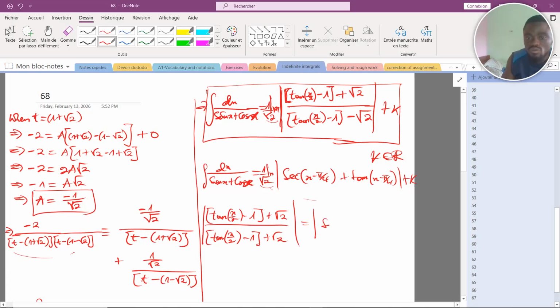The absolute value of sec of x minus pi on 4 plus tan of x minus pi on 4. If we prove that this absolute value is equal to this absolute value, then we will have proved that this integral is equal to this integral, because there is 1 on root 2 here, there is 1 on root 2, there is ln. So we just need to verify that this absolute value is equal to this absolute value.